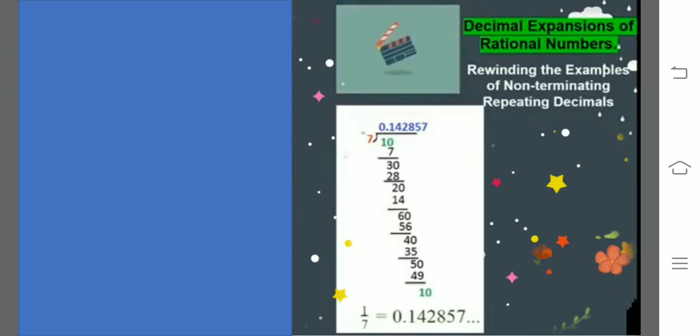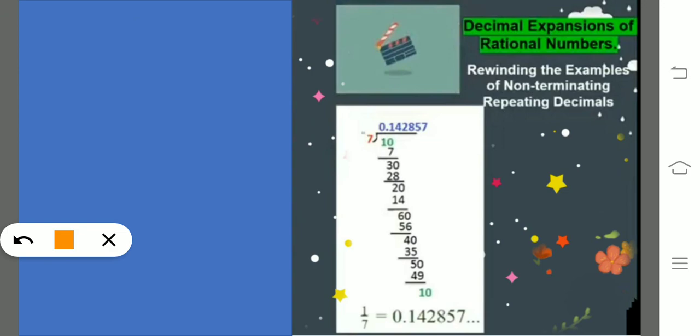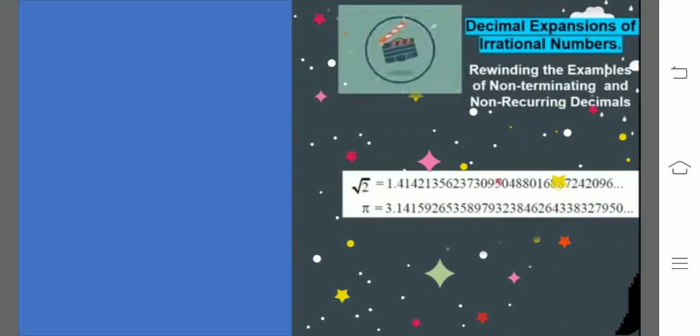After putting the bar your answer will be exactly complete. So it is 0.142857 with a bar over it. If you ask me why we should put the bar, it is because the digits are going to repeat, it is a repeating decimal. That's fine. Now let's go into the next slide.